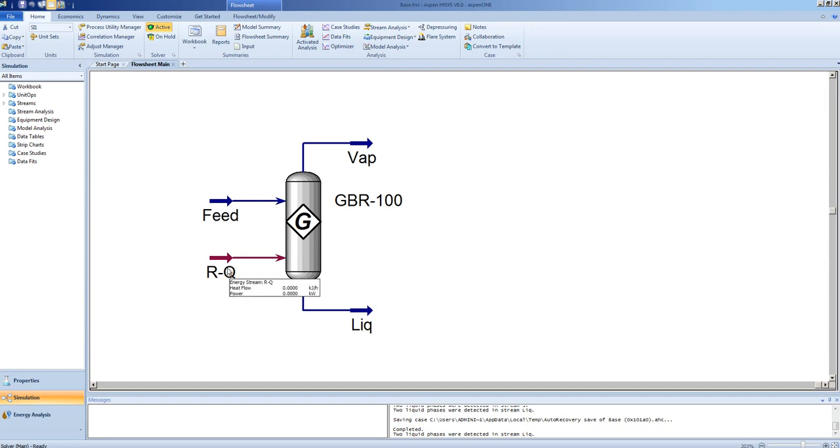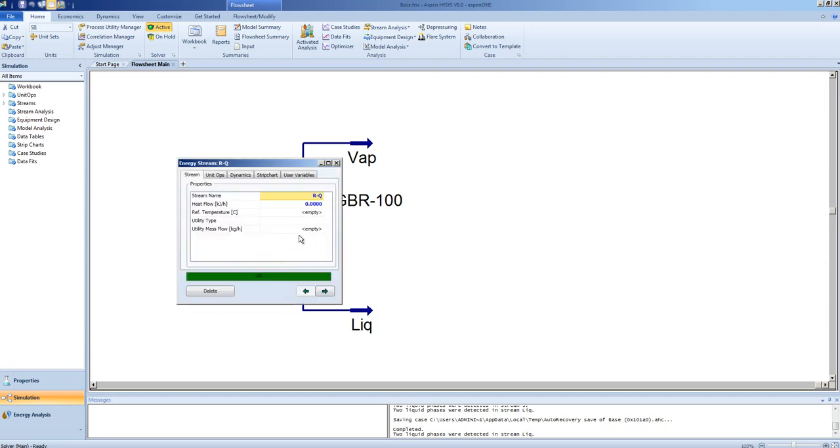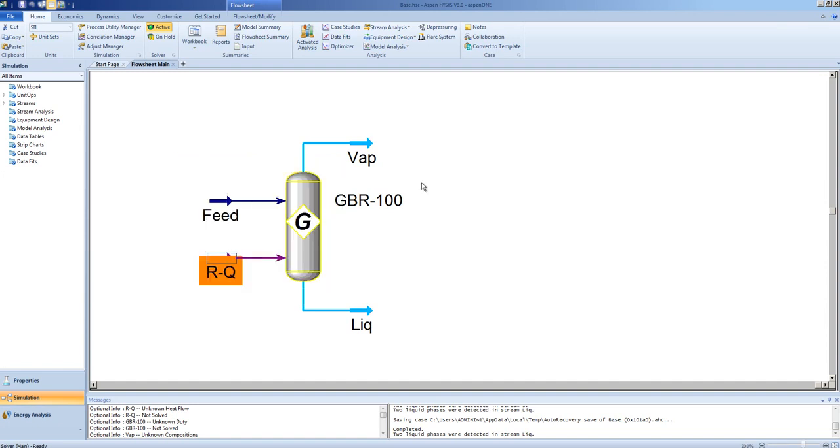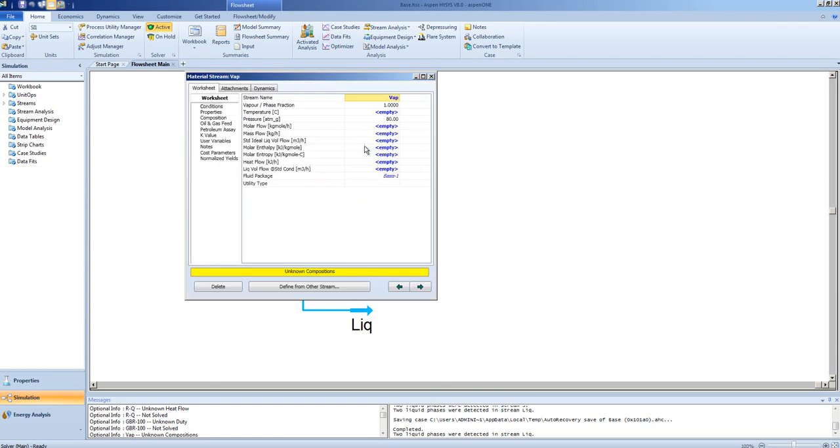To do this, we can delete the information provided about the energy because it's no longer adiabatic, it's now isothermal. We can come on the vapor stream and we can specify that we would like the inlet temperature to be the same as the outlet temperature.